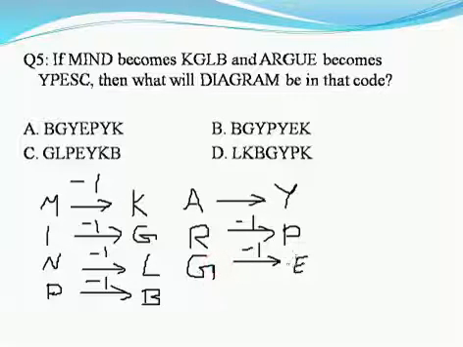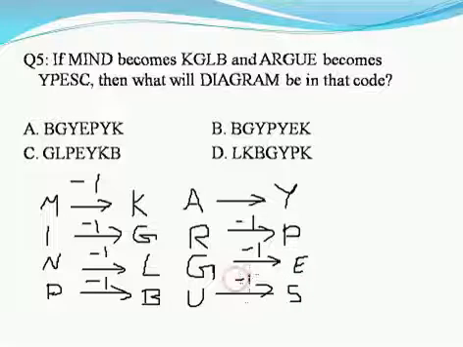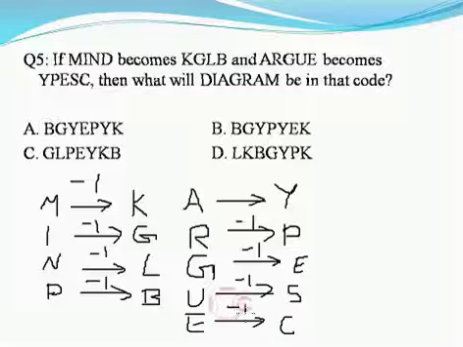G is replaced with E, so again minus 1, and next U is being replaced with S, T, U, again minus 1, and E is being replaced with C, so D, again minus 1.